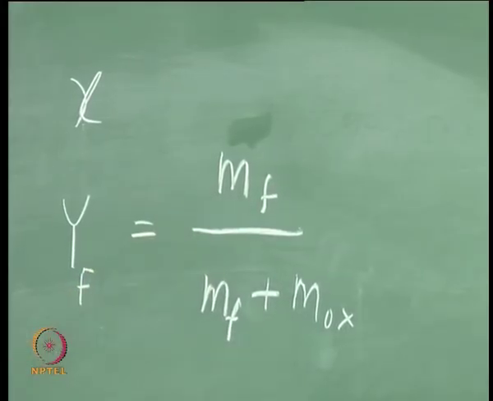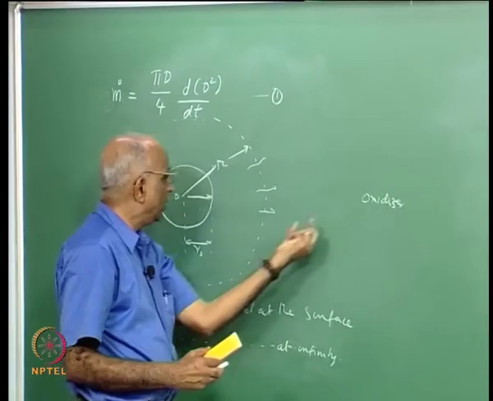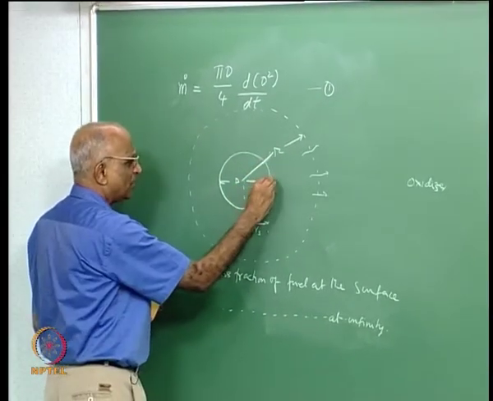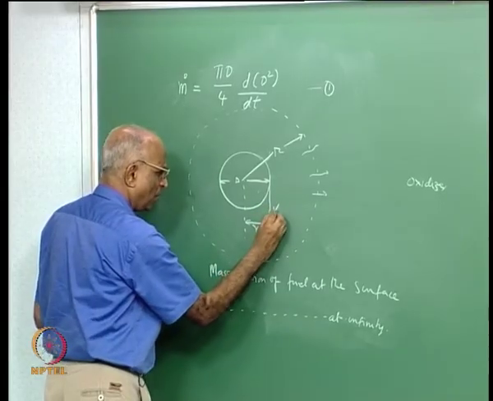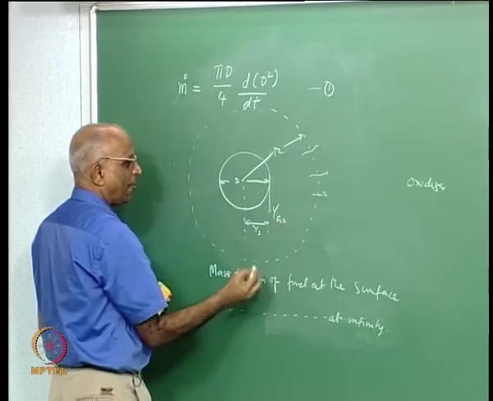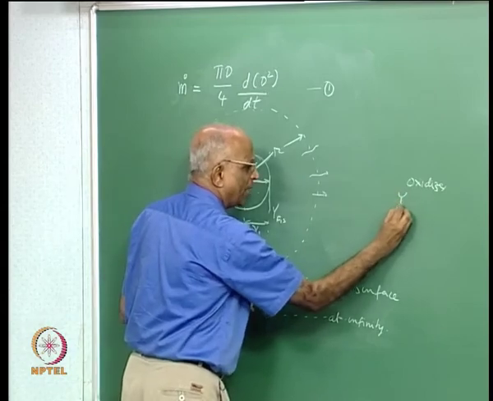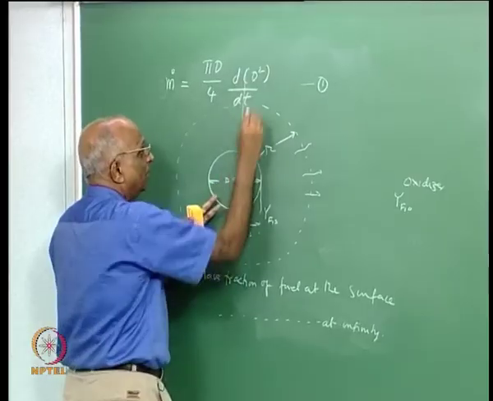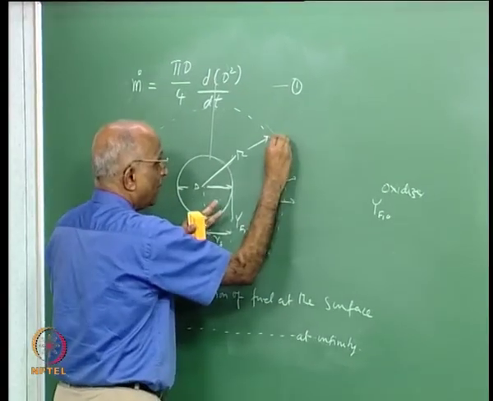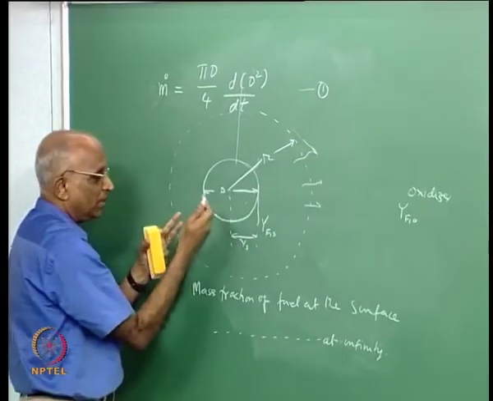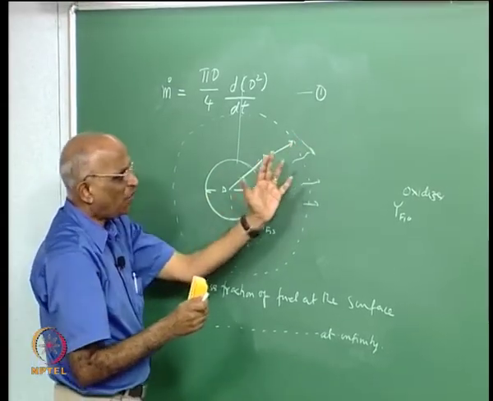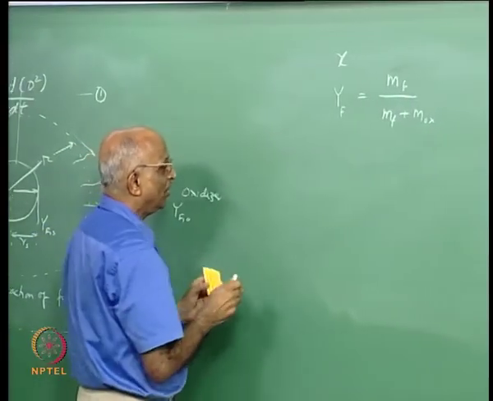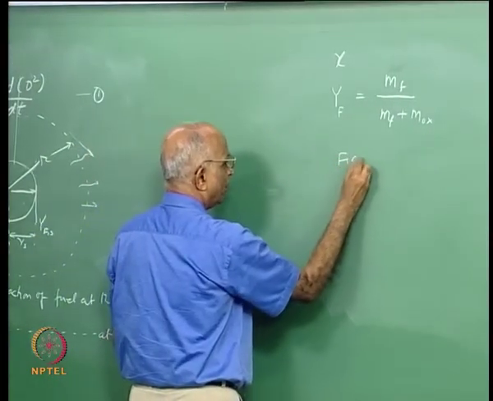At infinity the value could be 0 or a small number, at the surface the value could be a large value. Let us assume that the value at the surface, which I have to calculate, is Y_f,s, and at infinity it is equal to Y_f,infinity. Because of the variation in the mass fraction, I have mass which is migrating out, and the law which tells us the mass flux is Fick's law of diffusion.